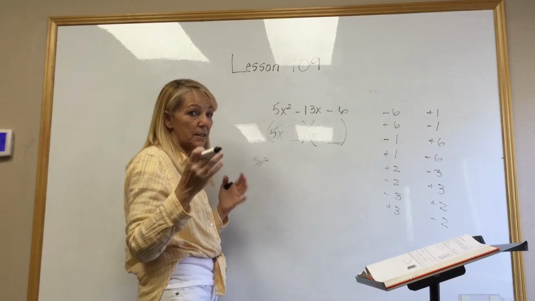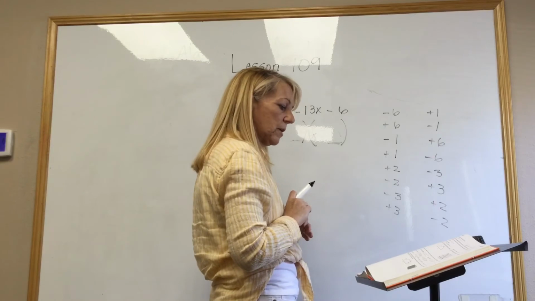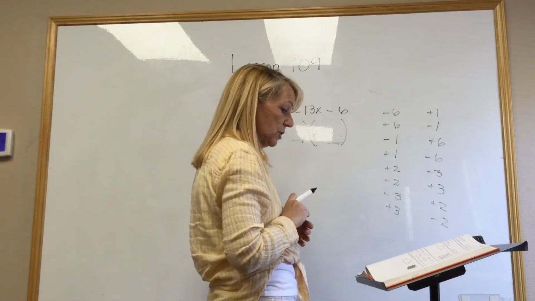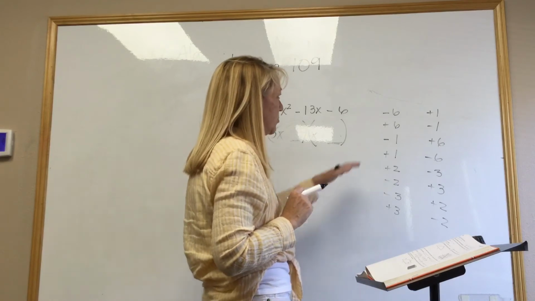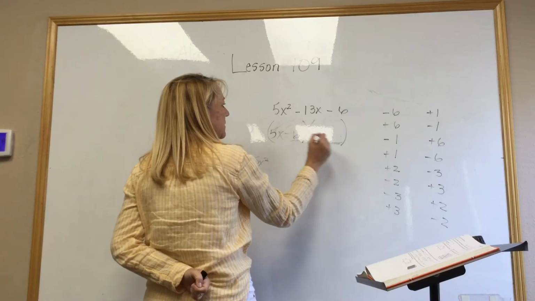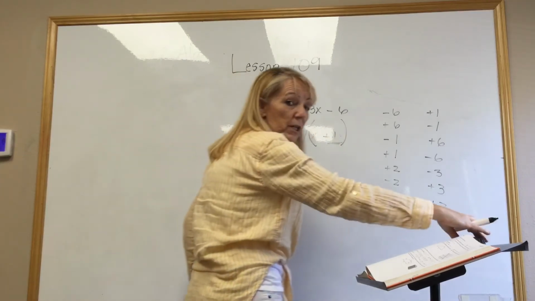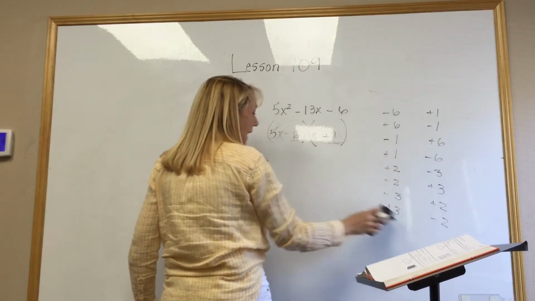It's a puzzle, and you just have to try it, basically. You have to try each pair. So let's start with negative 6, positive 1. We're going to go through these, 8 of them.